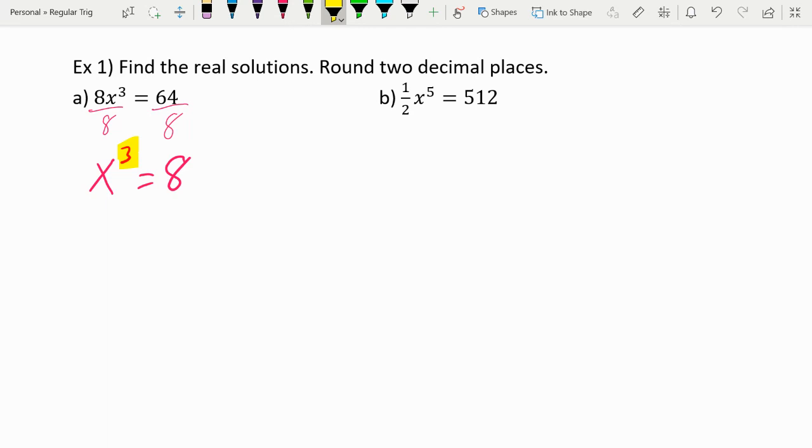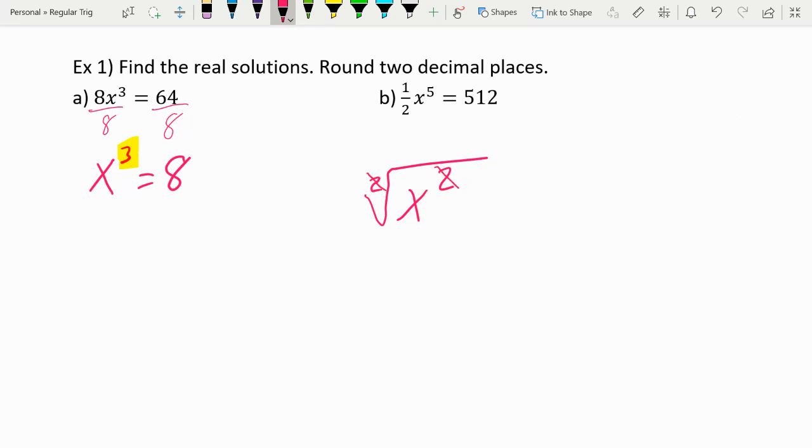How do I undo that third power? Just for a quick review, if something's raised to the second power, remember what we could do? We can take the square root of it, because when we take the square root, there's actually a 2 sitting there in the index.